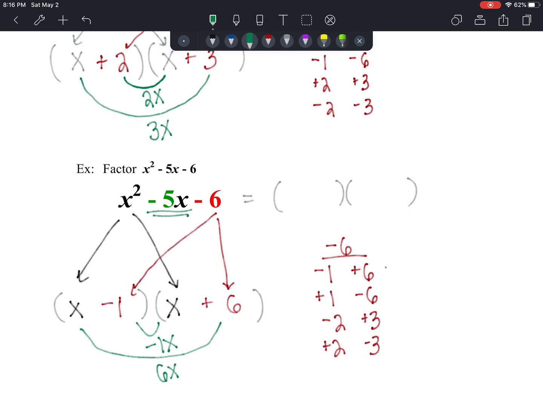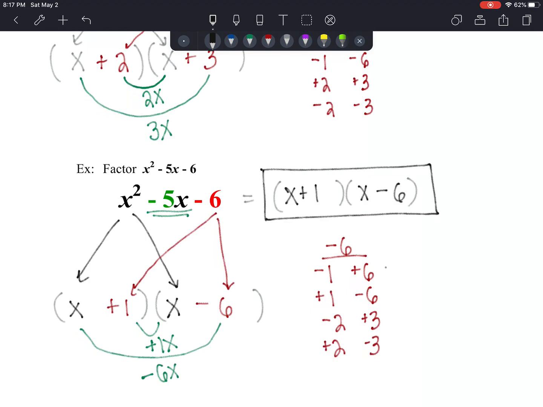When you have the right number but the wrong sign, in almost every circumstance I can think of, your signs are wrong. So instead of negative 1 and positive 6, I need positive 1 and negative 6. That's going to make the outer negative 6x, the inner positive 1x. Now those two numbers add to be negative 5x. So our factors are x plus 1 and x minus 6.